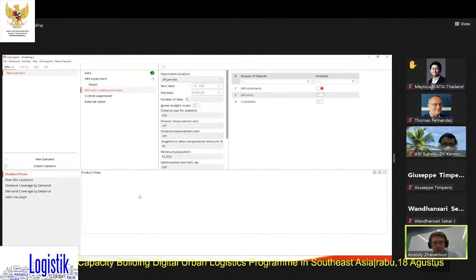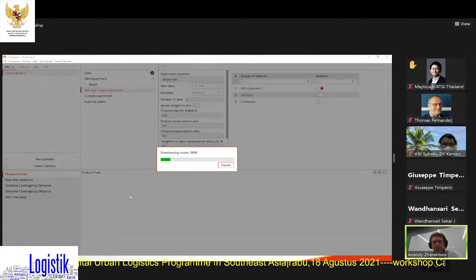So let me run this experiment again. And you see that now Logistics started to download distances needed to calculate the solution.